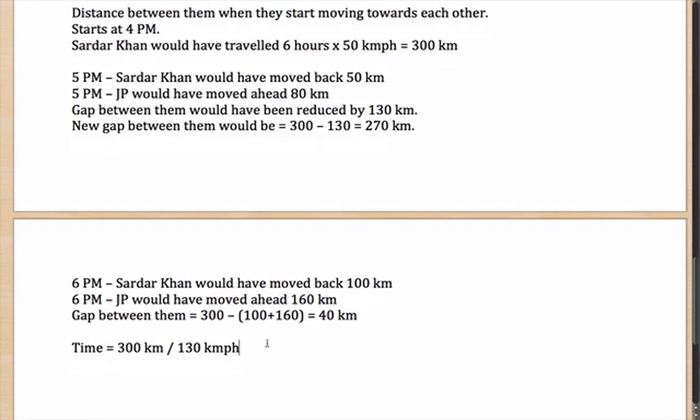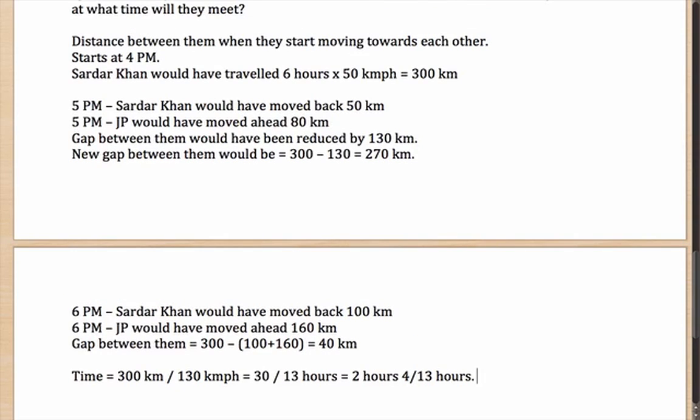So essentially the time taken will be 30 by 13 hours, which roughly translates to 2 hours and a little bit extra, actually 4 by 13 hours extra over the 2 hours. So that is the time they are going to meet from 4 p.m.